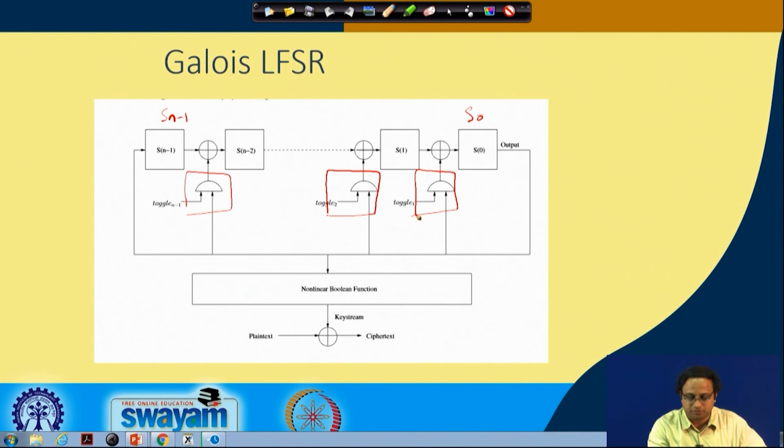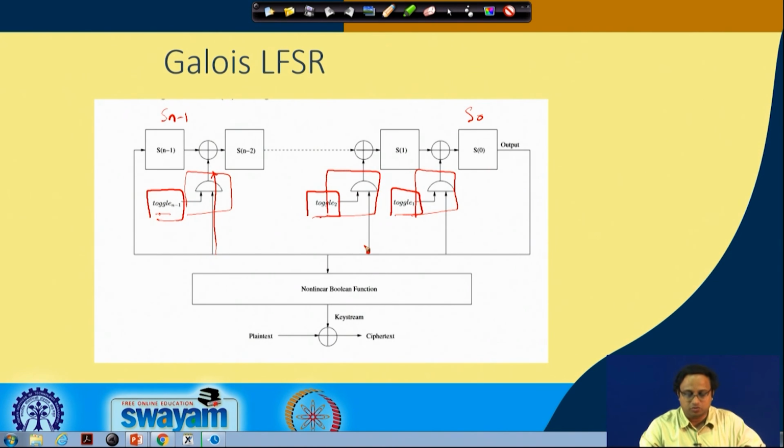These are your tap positions, and depending upon the feedback polynomial, you AND it, which means you enable or disable that switch. So either you allow this feedback to pass or you don't. We call this a toggle switch, which means that if the toggle is 0, then this path is disabled, so you are not tapping out this position.